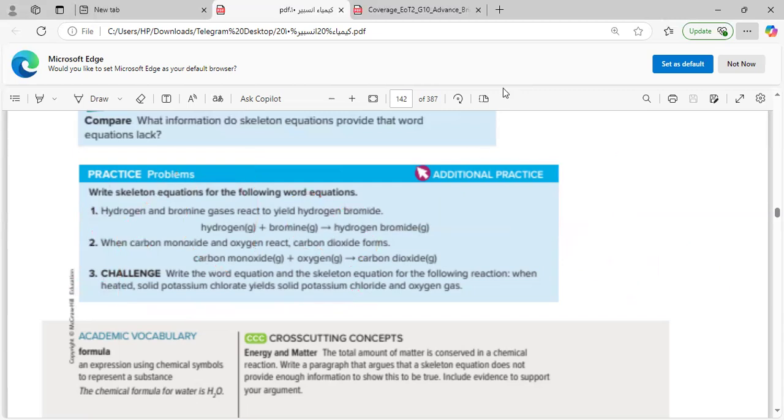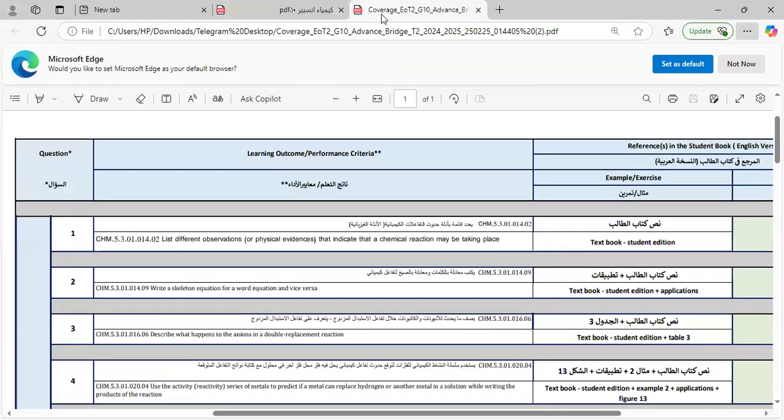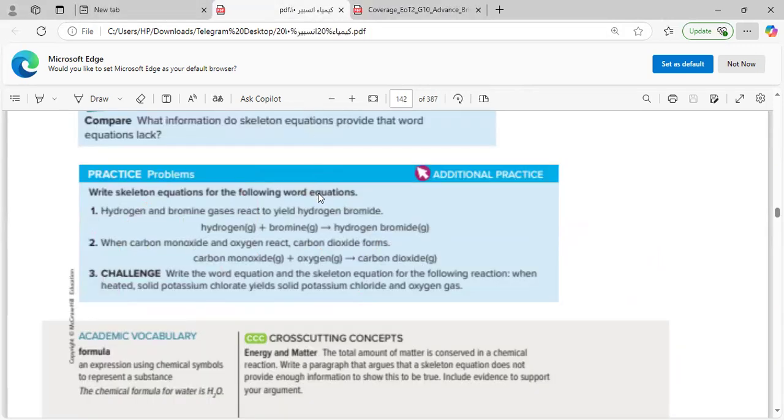Next, we have number 3. He asked us to describe what happens to the ions in a double replacement reaction. A double replacement reaction is one where the exchange happens between two substances, not one.